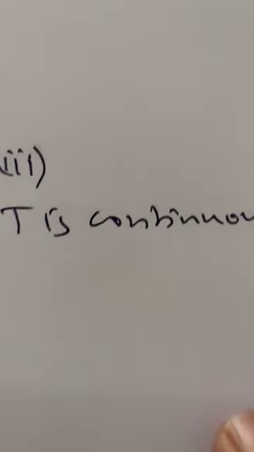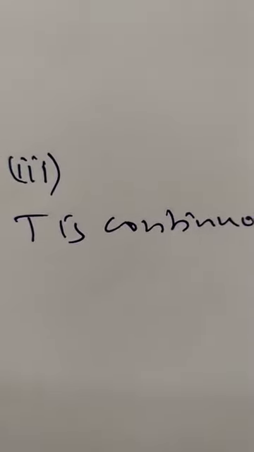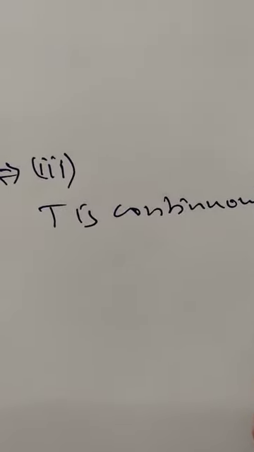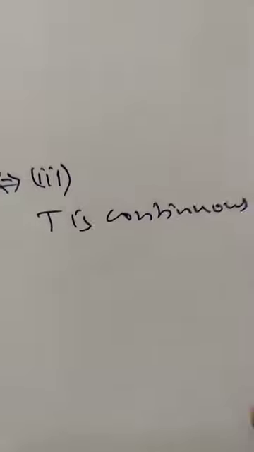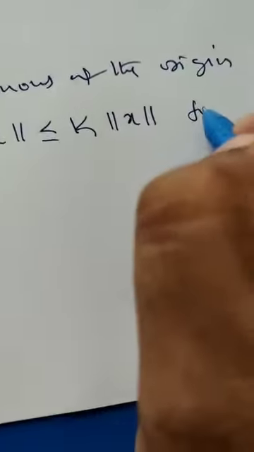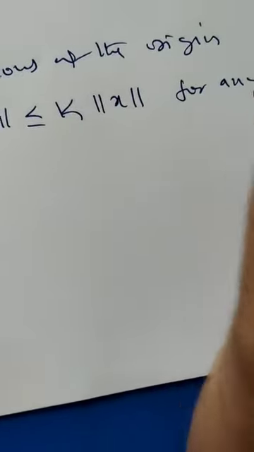So suppose, if possible, that T is not bounded. Suppose T is not bounded means what? We cannot find any number k such that the norm of T of x is less than or equal to k times the norm of x, holding for any x.